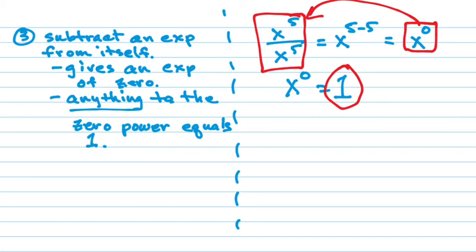So just think about these notations. If I have x over 2, what number is in front of that x? A 1. So that's the same thing as saying 1/2 times x.